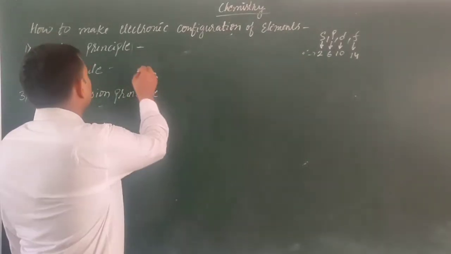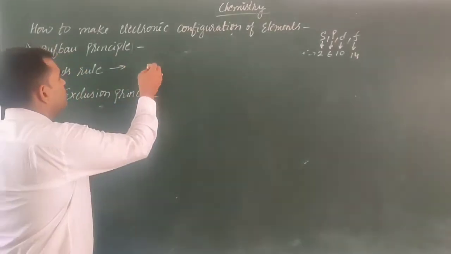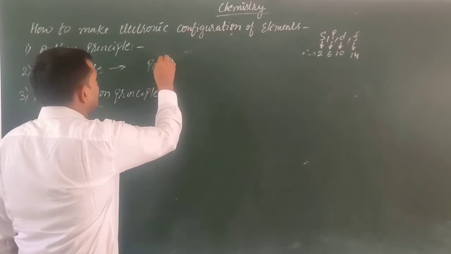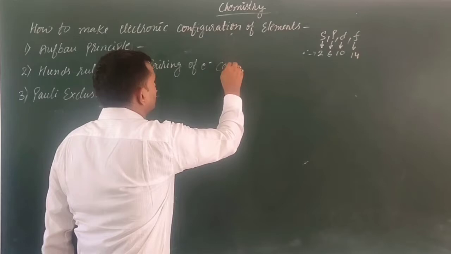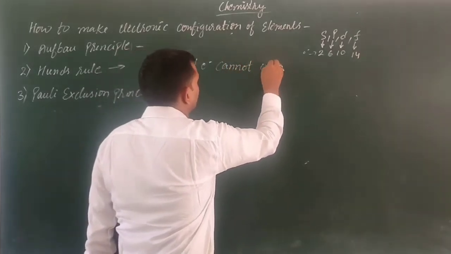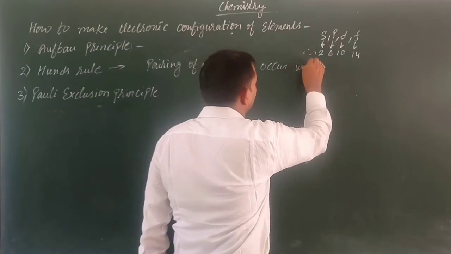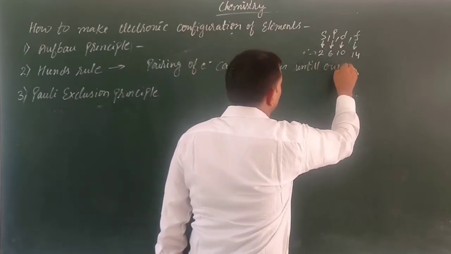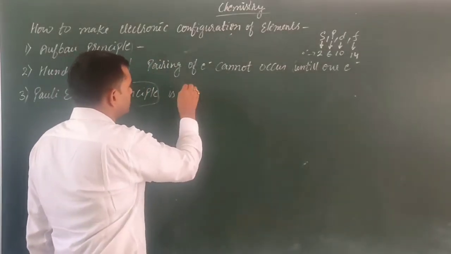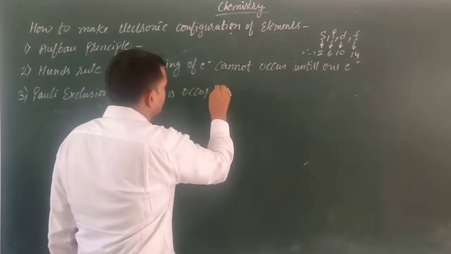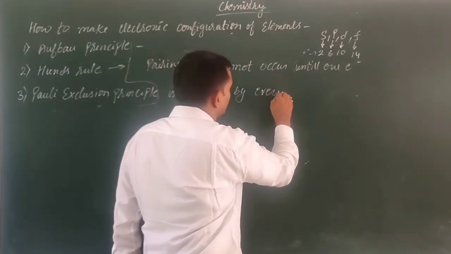Okay, now let's see Hund's rule. What is Hund's rule? According to Hund's rule, we can say that the pairing of electrons cannot occur until one electron is occupied by every orbital.